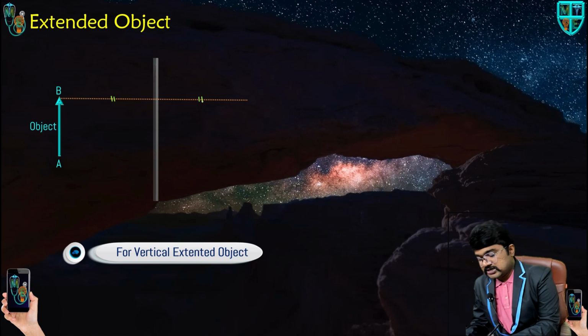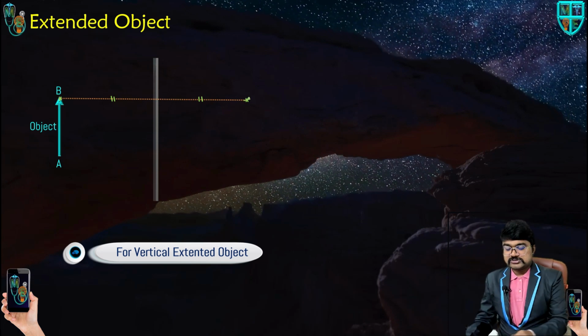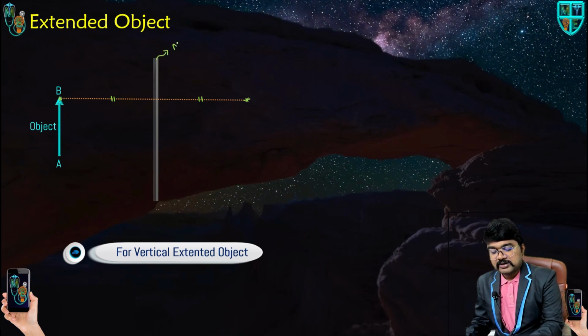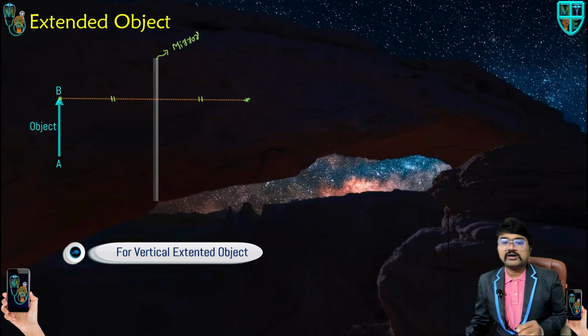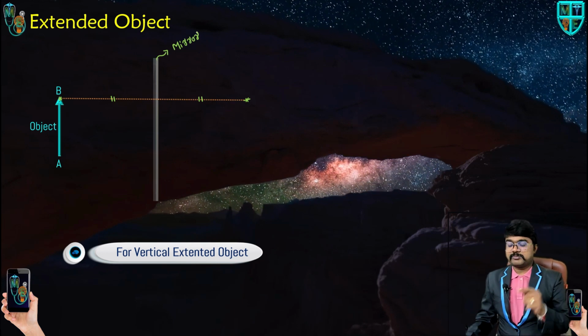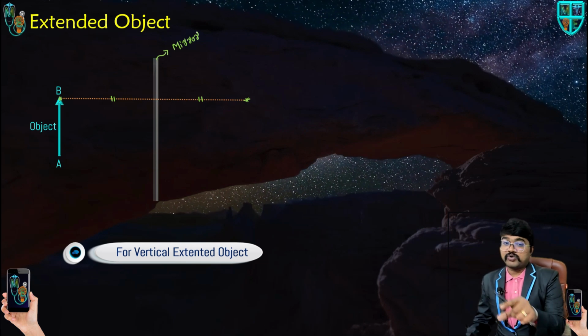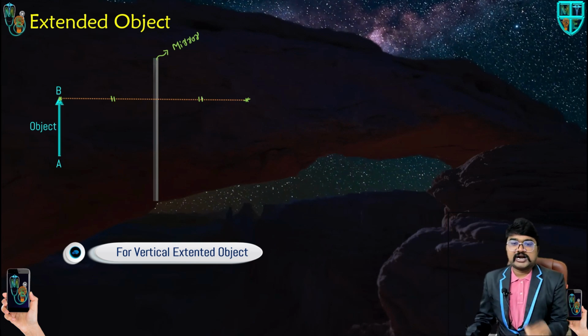In that, here it is the point and one more point you will be getting here. So mirror is the perpendicular bisector. We need to draw horizontal projection because this particular object is vertical. Understood now? So here we are projecting horizontally.